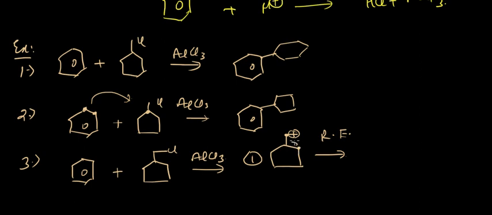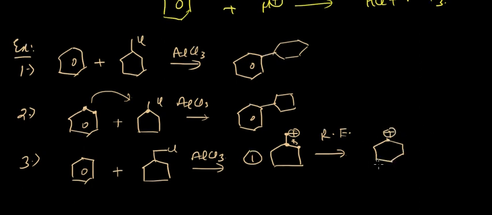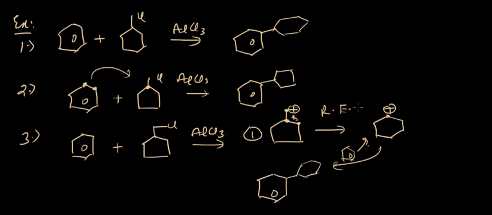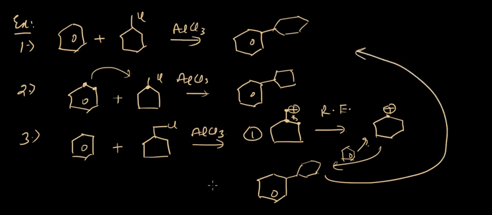This bond can actually break with this carbon atom. As a result, on this carbon atom we'll get a positive charge and a 6-member ring is formed. Now this benzene ring attacks this carbocation, and we get the same structure as we saw in the previous example.